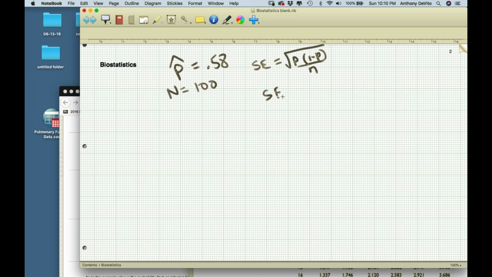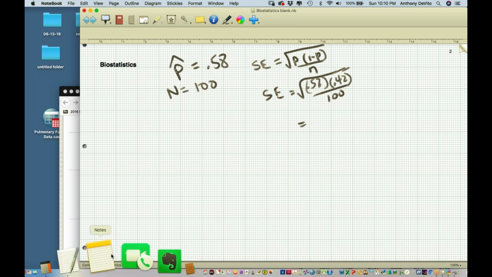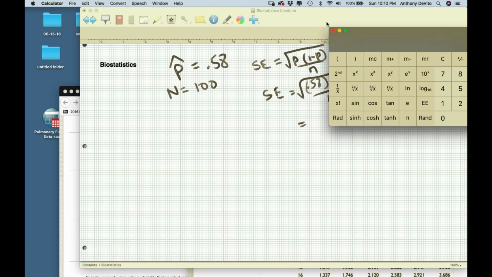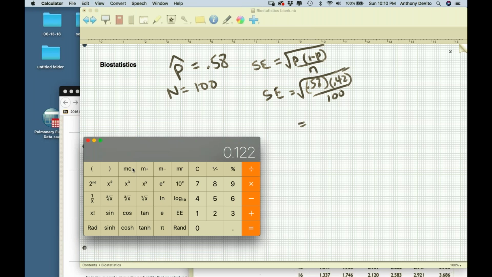So the standard error is equal to the square root. We use, instead of p, we use p cap because that's all we have. 0.58 times 0.42 over 100. Okay, so that's going to be equal to, it helps to use a memory calculator here, because then you don't have to copy things over and over again.